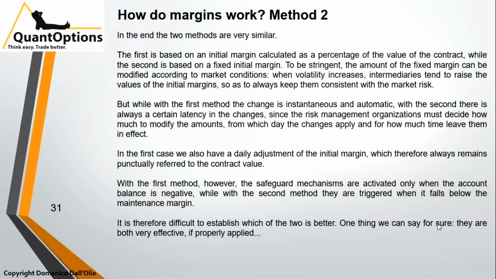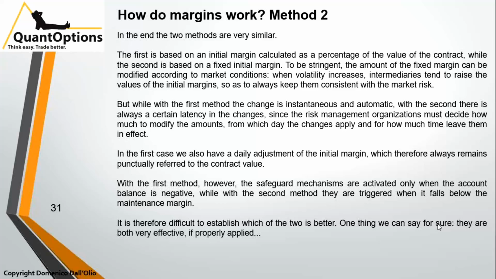But while with the first method the change is instantaneous and automatic, with the second there is always a certain latency in the changes, since the risk management organizations must decide how much to modify the amounts, from which day the changes apply, and for how much time to leave them in effect.